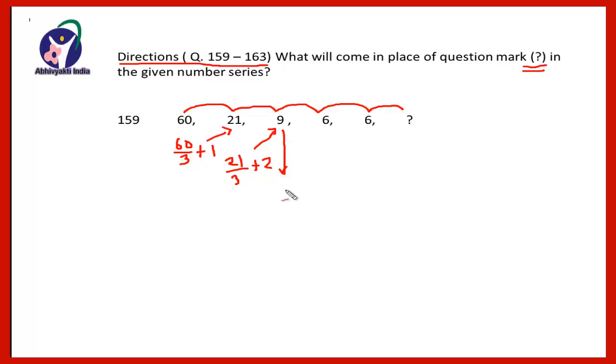Now this 9 divided by 3, that is 3, plus 3, that we get 6. Now this 6 divided by 3, that is 2, plus 4, and we get 6.